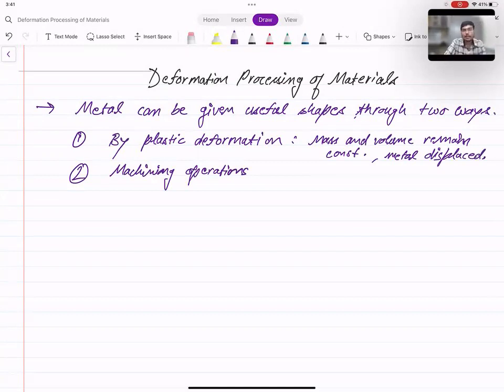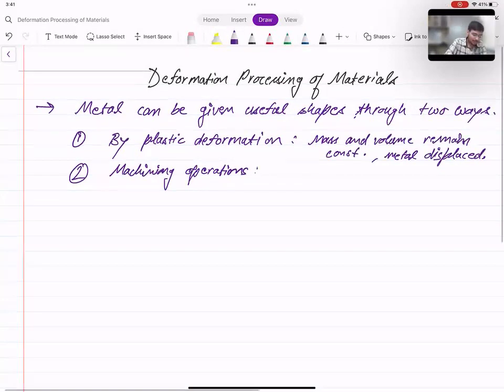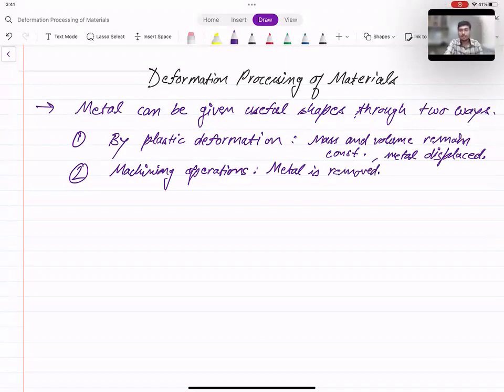Okay, and by this way, various components are produced or formed. While in case of machining operations, metal is chipped off or is removed.